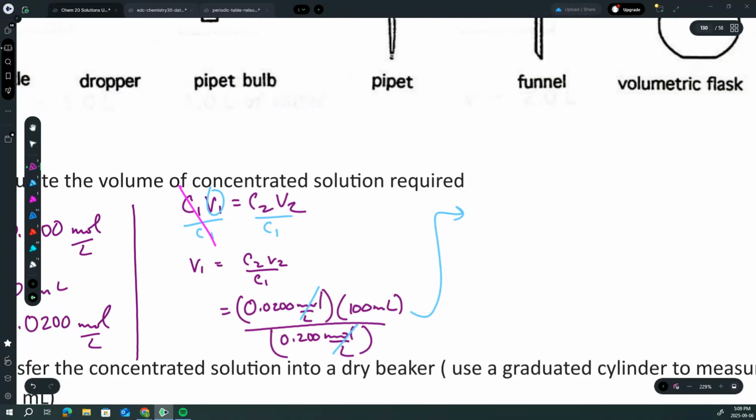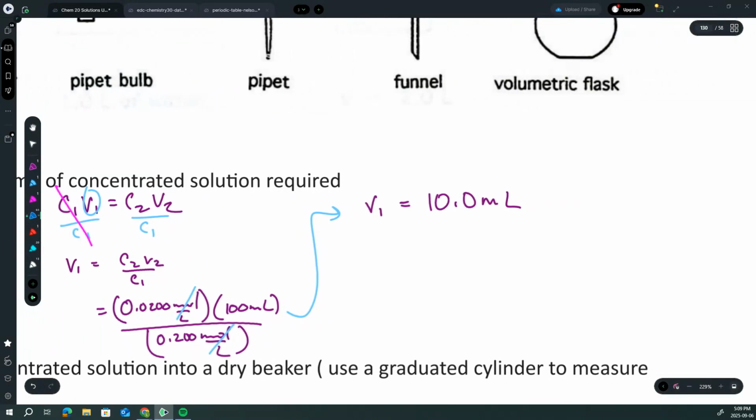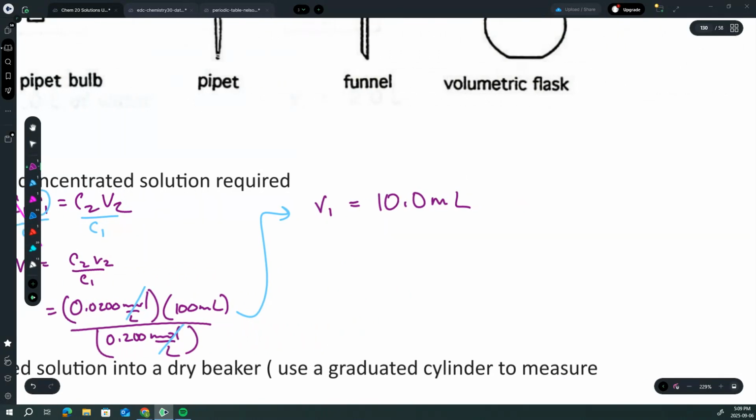All right, so 0.02 times 100 divided by 0.2, that's V1, is going to be 10.0 milliliters. So we need 10 milliliters of our initial solution, and in the lab, typically your initial solution is called your stock solution.